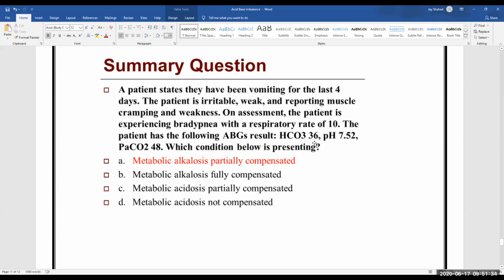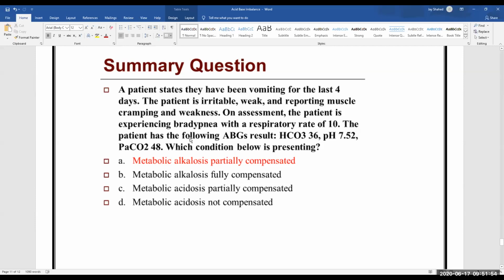Now let's look at these two. So this one here is 36. All right. And this one here is 48. What is the normal thing here? What is the normal PCO2? Up to what? 45.